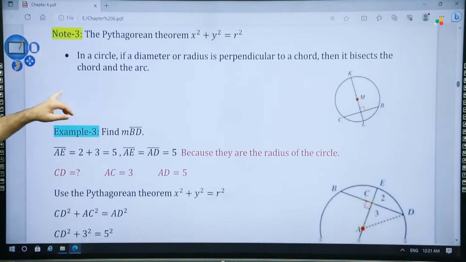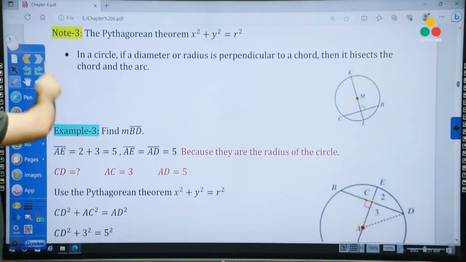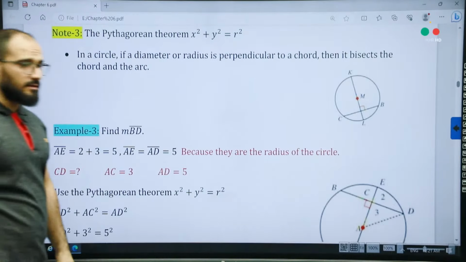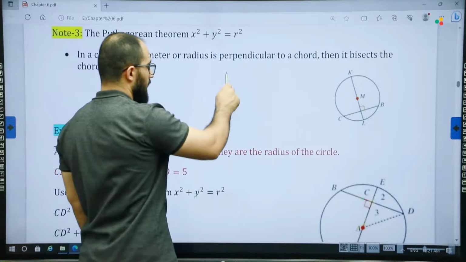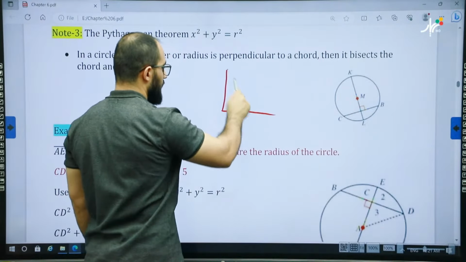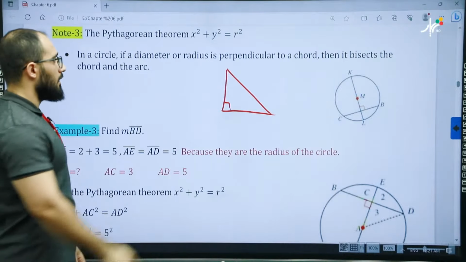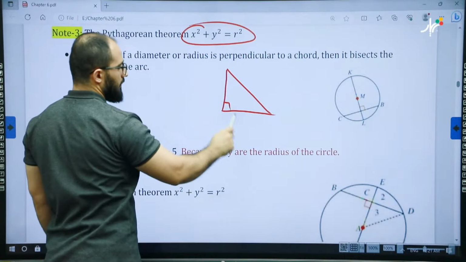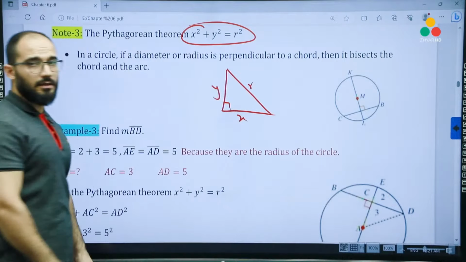Let's remind you of some important notes. If you remember in the previous classes, grade 7 and grade 8, we studied that if you have a right triangle, we can use the Pythagorean theorem. This is x, and also you have y. The hypotenuse is r.